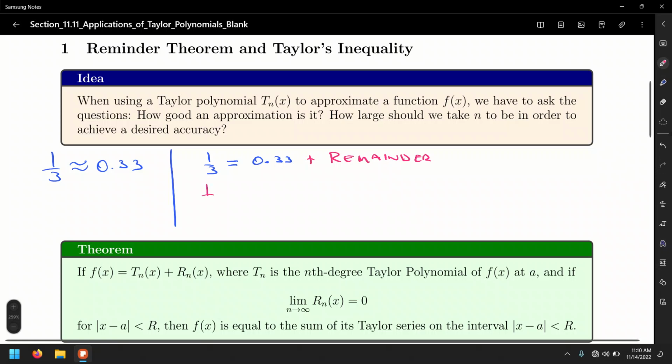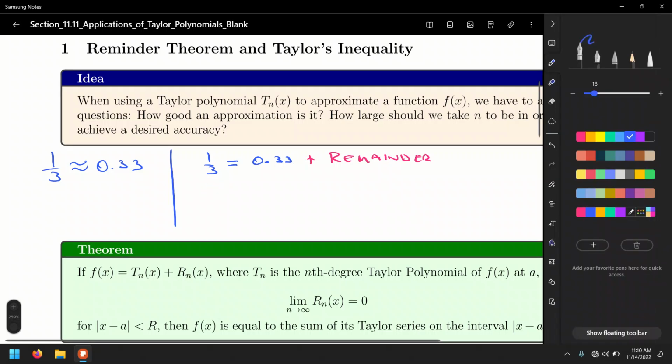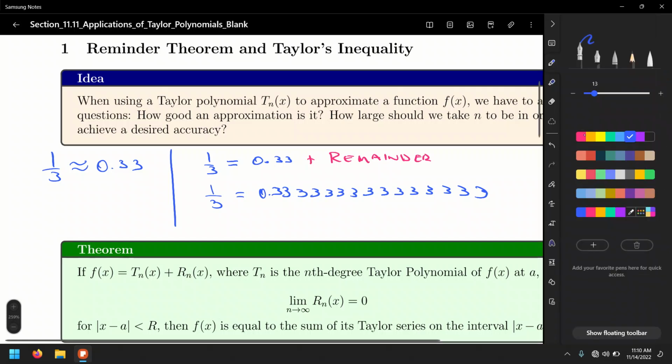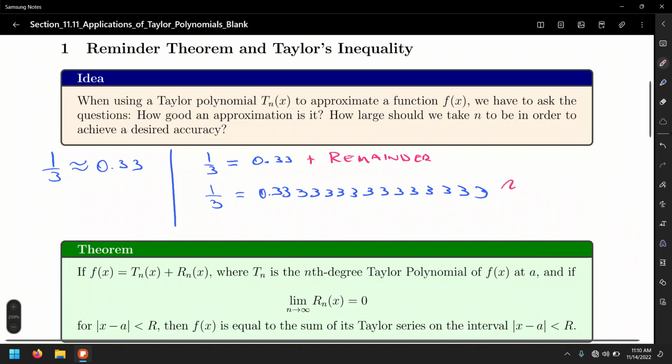How about 1/3 equals 0.333? You can add a bunch of 3's. It's a better approximation, isn't it, because we're using more decimal places. But ultimately, it's just an approximation. This value is still going to be off from the actual value of 1/3, and for this reason, to use an equal sign, we have to add that remainder.